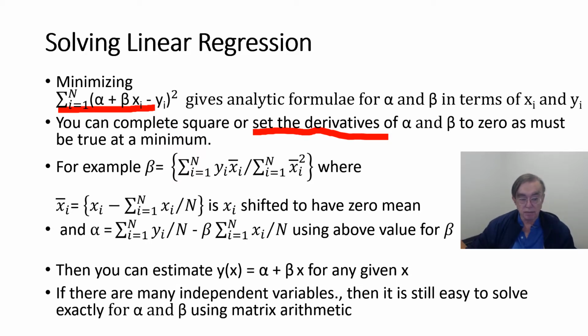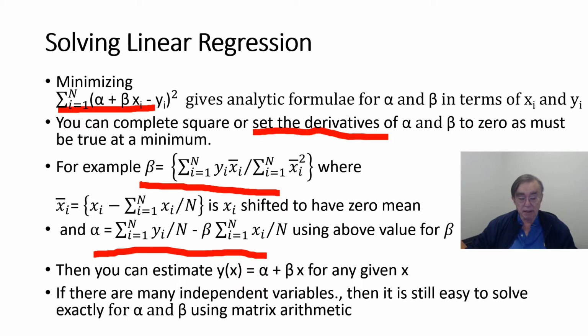Then if you just set the derivatives to 0 and solve, you get two equations for two unknowns. These are linear equations in alpha and beta, and you can solve them straightforwardly, and you get a formula like this for beta and a formula like this for alpha.